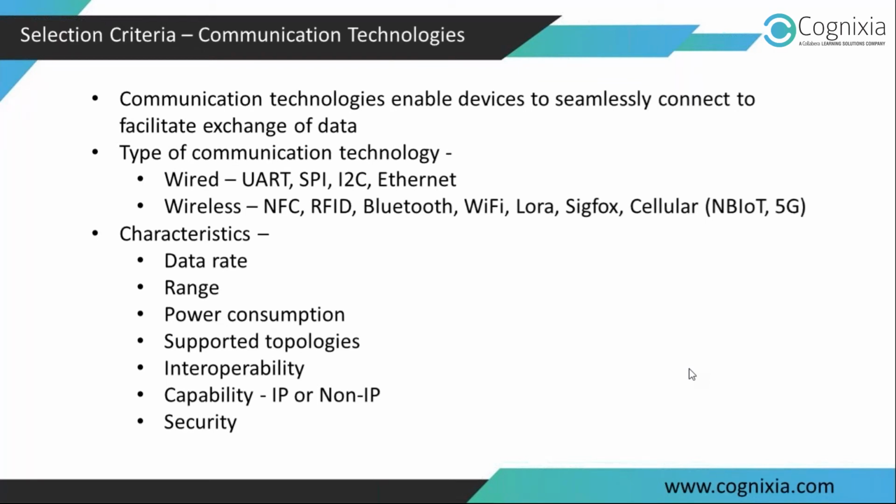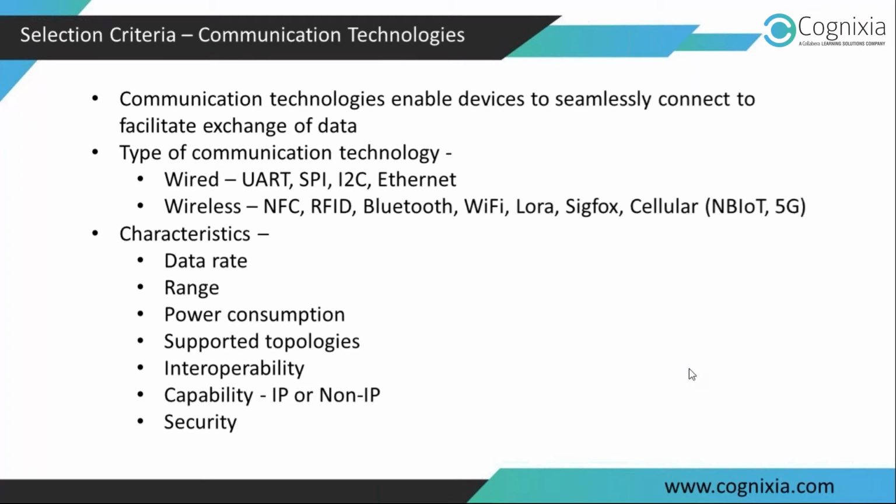Again, when it comes to wired communication technologies, we have several protocols. Ranging from the simple two-wire bus UART to 4-wire bus SPI to again two-wire master and multi-slave bus called I2C, inter-integrated communication, invented by Philips.